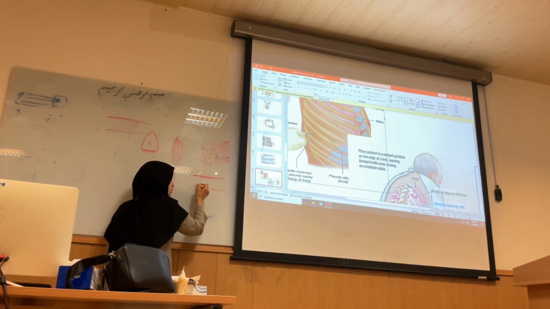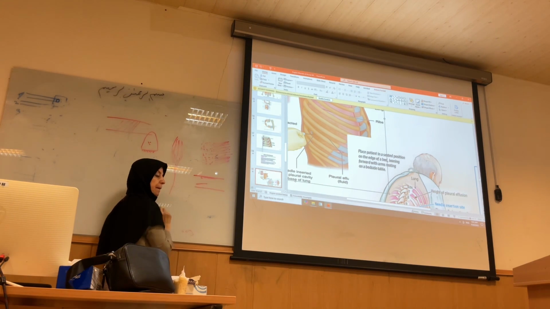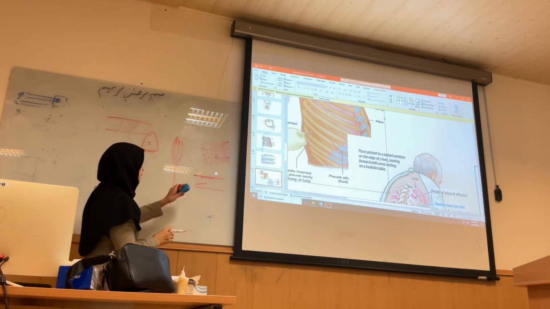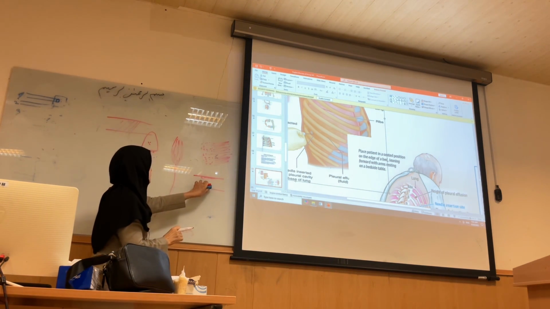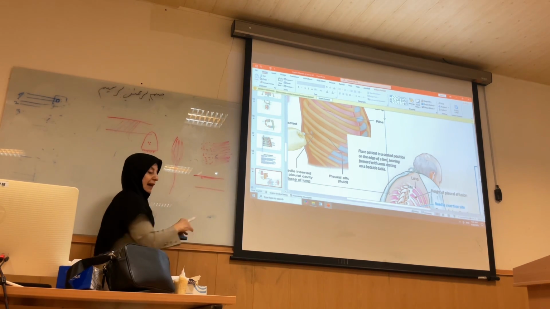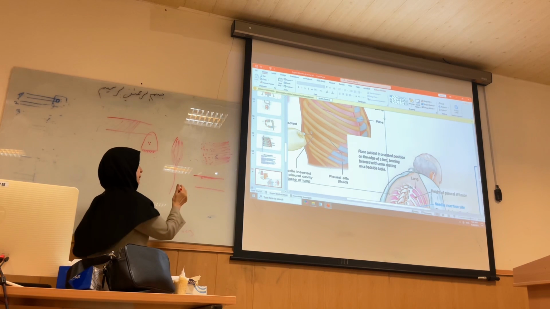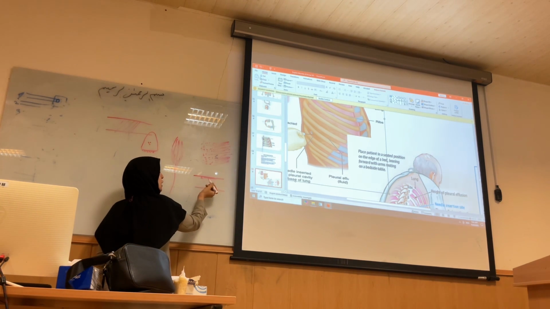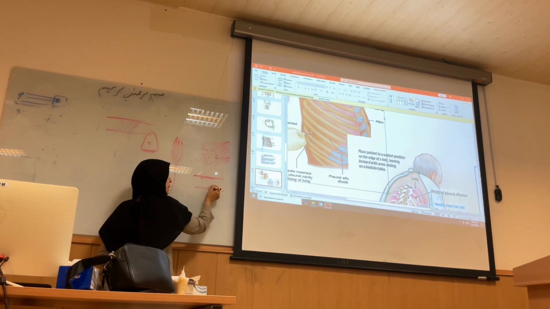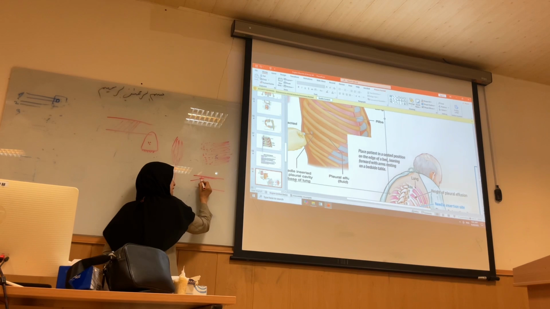The needle should pass far from this neurovascular bundle. But sometimes we want to do surgery in this area, and we want to do a suture or something. So the surgery is going to happen in this area. We need to anesthetize this nerve. So we should inject here, near the costal groove.